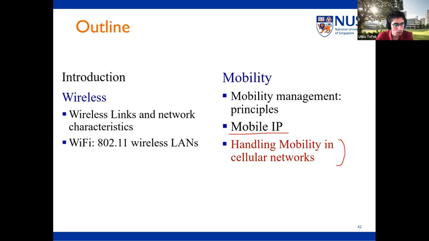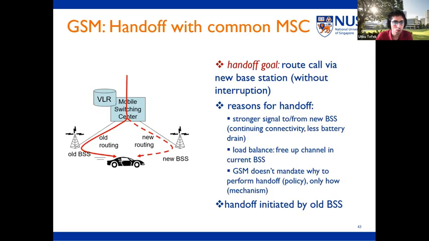In the 6th edition or earlier, you have handling mobility in GSM, and after the 7th or 8th edition, you have handling mobility in 4G. So there are some differences. We are not going through this in the class, but let's go through the handoff problem in cellular networks, because we didn't see that in the mobile IP protocols.